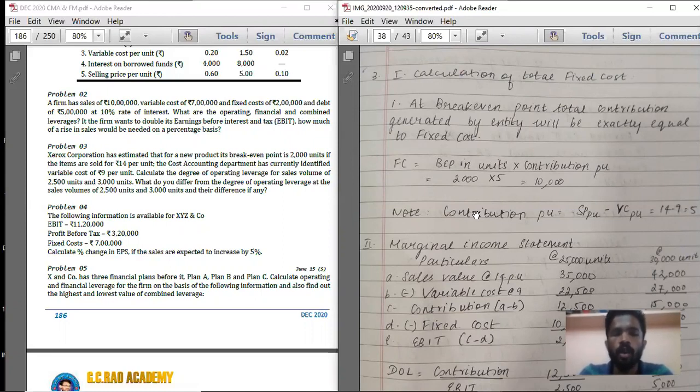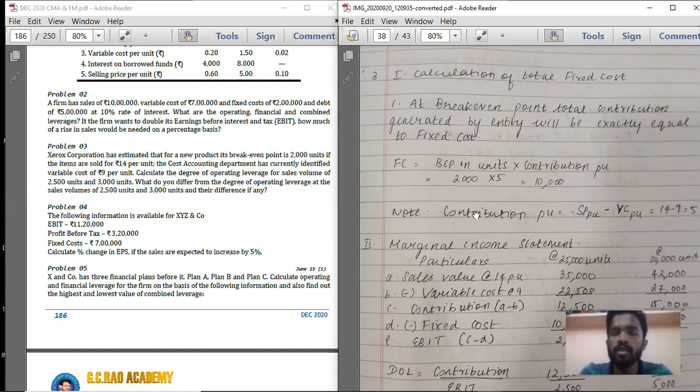Whatever contribution you get till the break even point is called fixed cost. So at break even point, total contribution generated by the entity will be exactly equal to fixed cost. With this, we can easily find fixed cost.